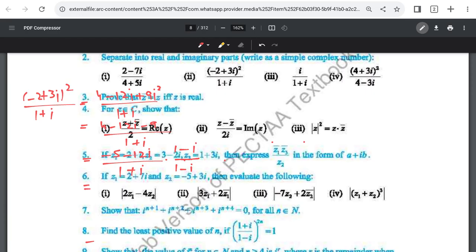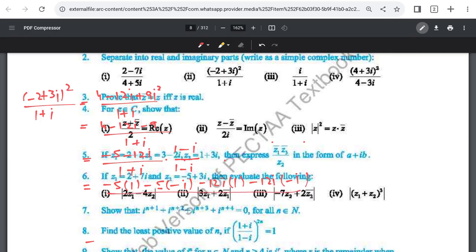Then we just multiply it, so it will be minus 5 into 1, minus 5 into minus iota. Then we have minus 12 iota into 1, minus 12 iota into minus iota.